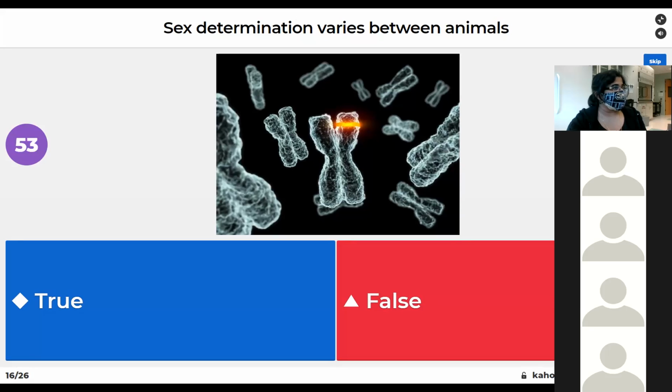Sex determination varies between animals. It's like the easy question.